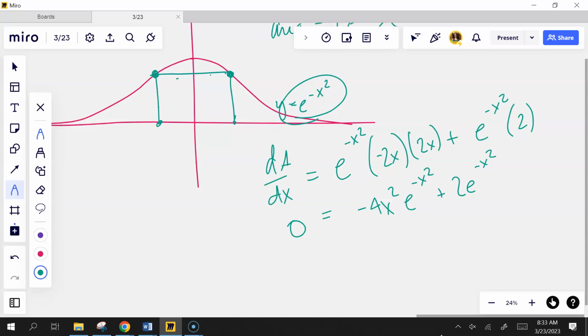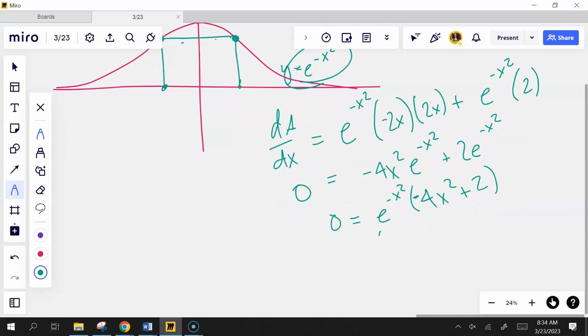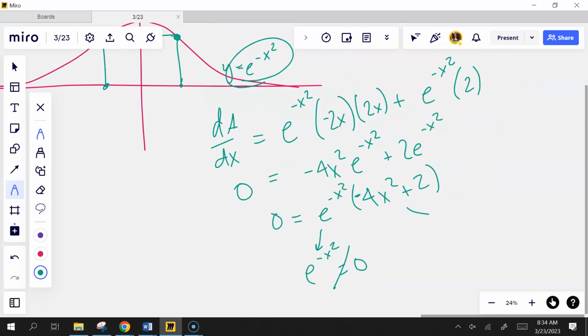I need to know where that equals 0 so I can maximize it. The only way that's going to equal 0 is if that, no, that's never going to equal 0, right? So that only leaves this to equal 0.